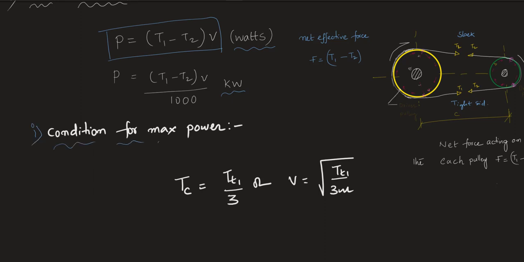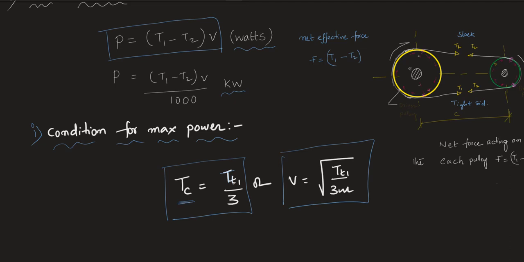And here are some very important conditions for maximum power transfer. The conditions are: the centrifugal tension should be equal to capital T1, the total tension on the tight side along with the centrifugal tension, divided by 3.